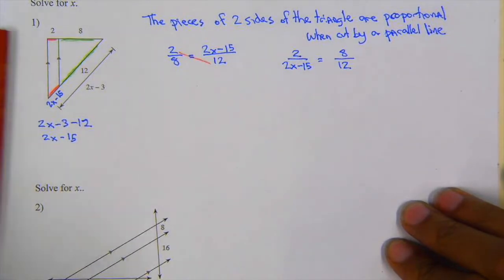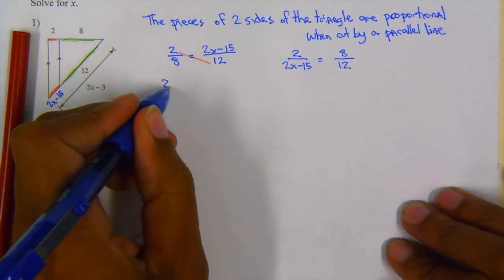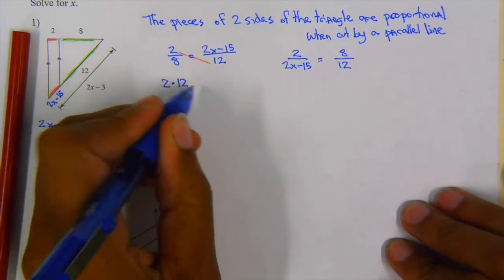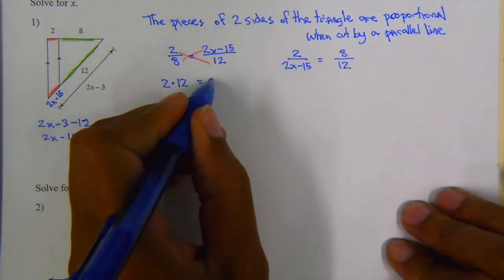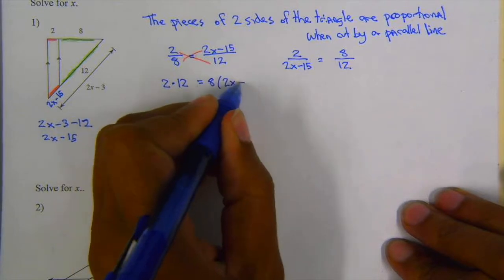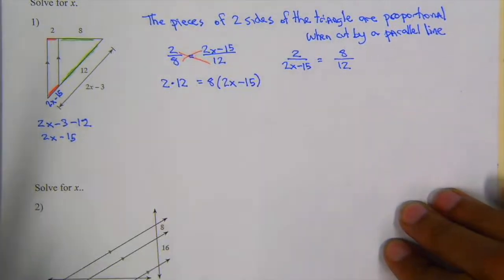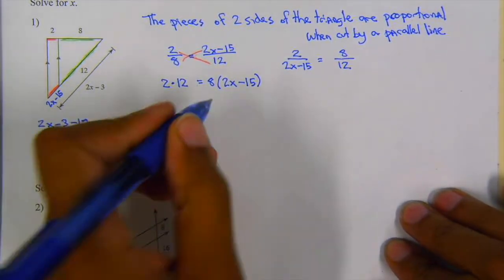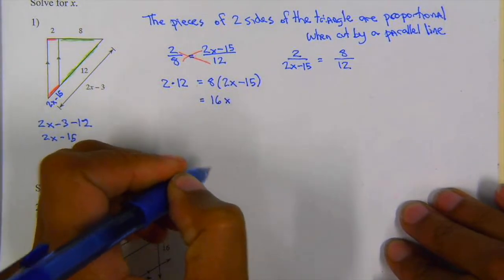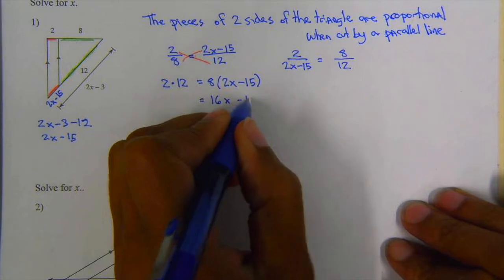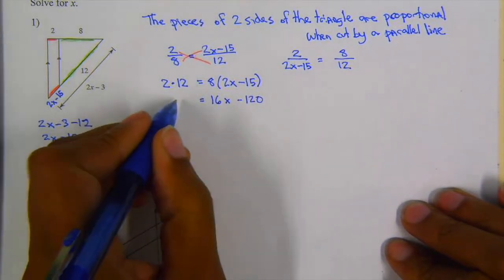And so cross multiplying here, we're going to have 2 times 12. And on the other diagonal, we've got 8 times 2x minus 15. So we distribute the 8. 8 times 2 is 16. 8 times 15 is 120. And 12 times 2, 24.